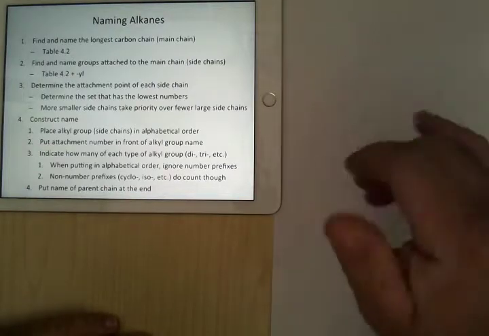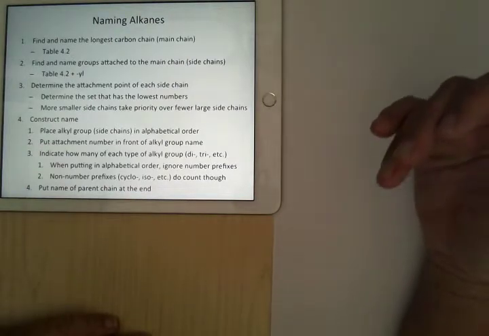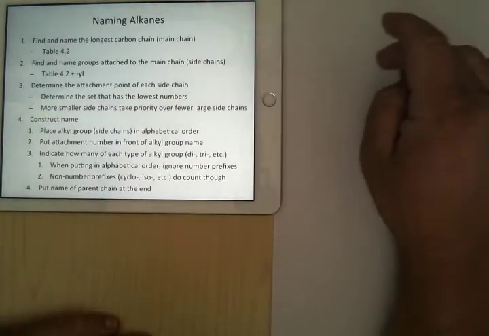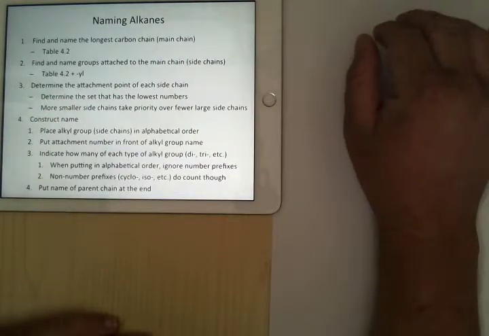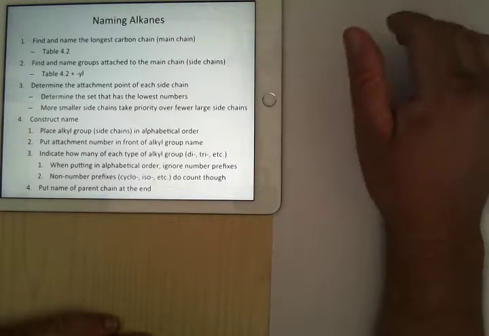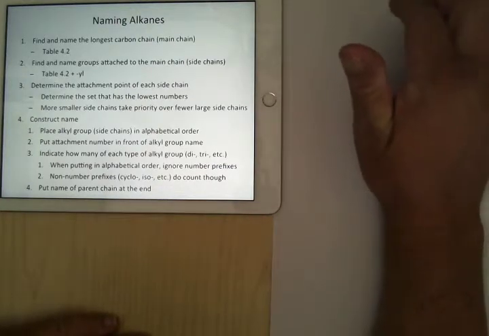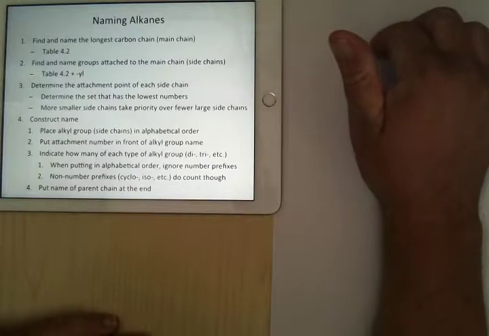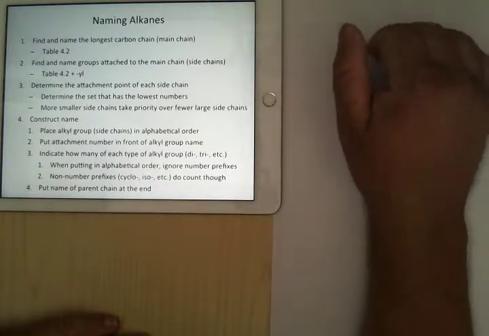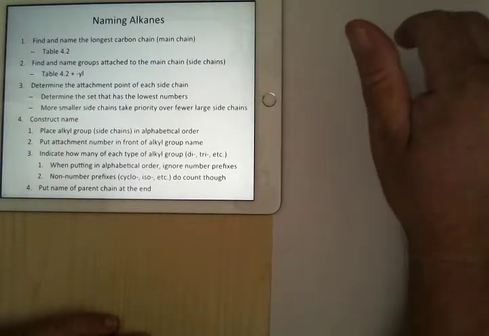Now we need to deal with the atoms that are hanging off of it. You want to figure out those side chains, those branches. With a side chain, the atom is either part of the side chain or part of the main chain. It can't be both.